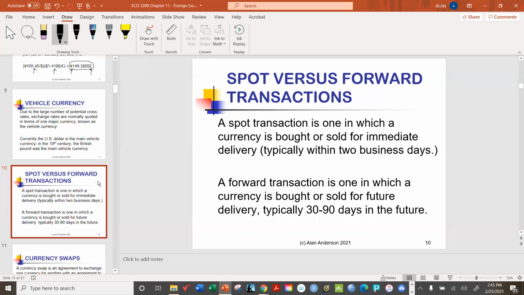Now, up to this point, all those quotes that I showed you were for what we call spot exchange rates. A spot transaction is one in which a currency is bought or sold for immediate delivery. In other words, if I'm going to get on a plane to London tomorrow, I need to buy British pounds now. And so the price that I'm quoted is what we will call a spot exchange rate.